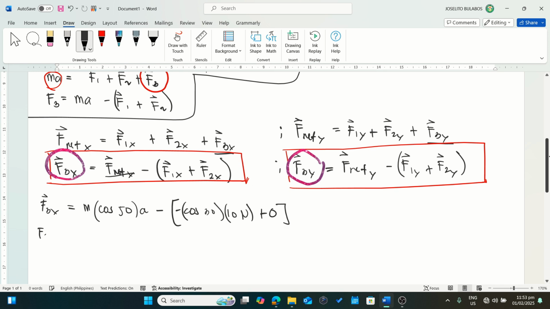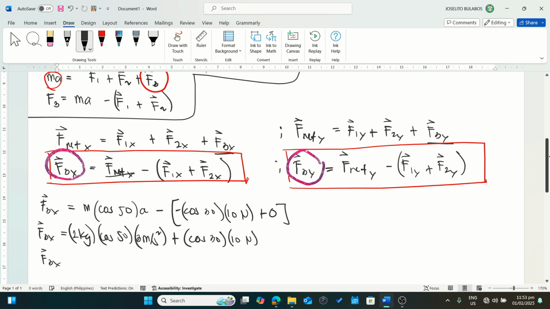So let us further solve this one. So this is 2 kilograms, and this is cosine 50 times 3 meter per second squared. Negative times negative, that's positive. So plus cosine 30 times 10 newtons.